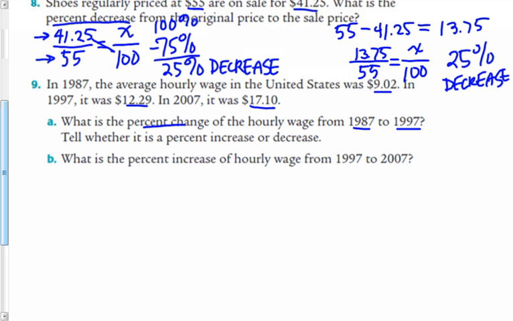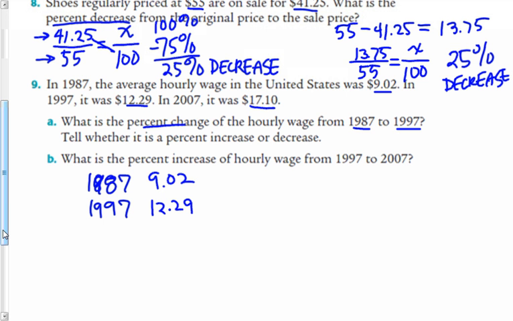So in 1987, it was $9.02. In 1997, it was $12.29. So it went up in price. So we're looking at a percent increase here.